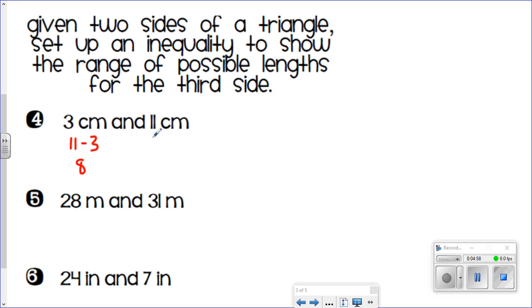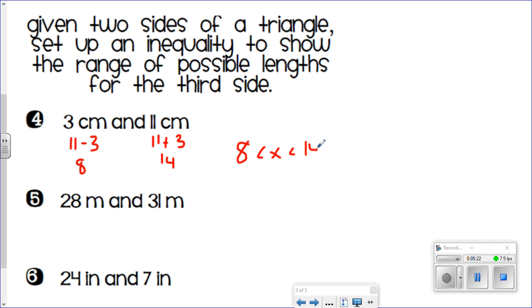And then we do 11 plus 3, which is 14. So the inequality for the range of our third side is 8 is less than x, which is less than 14.